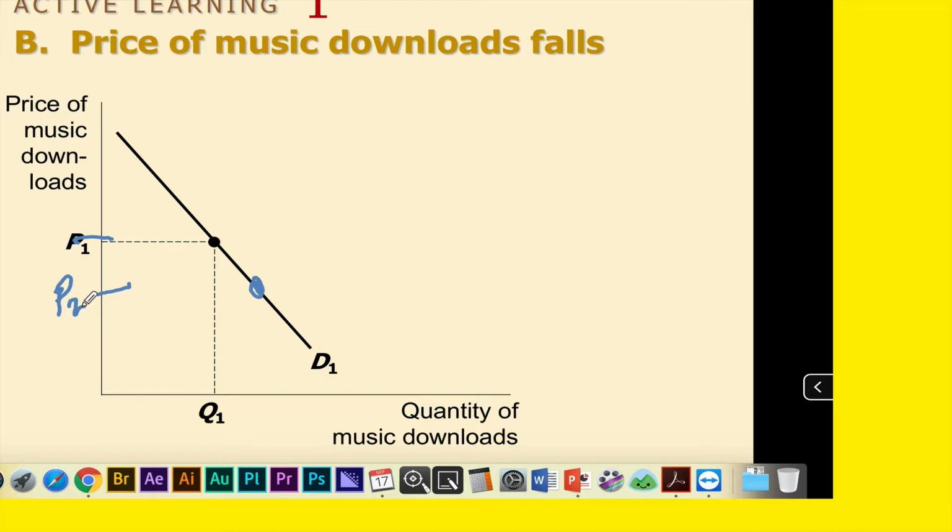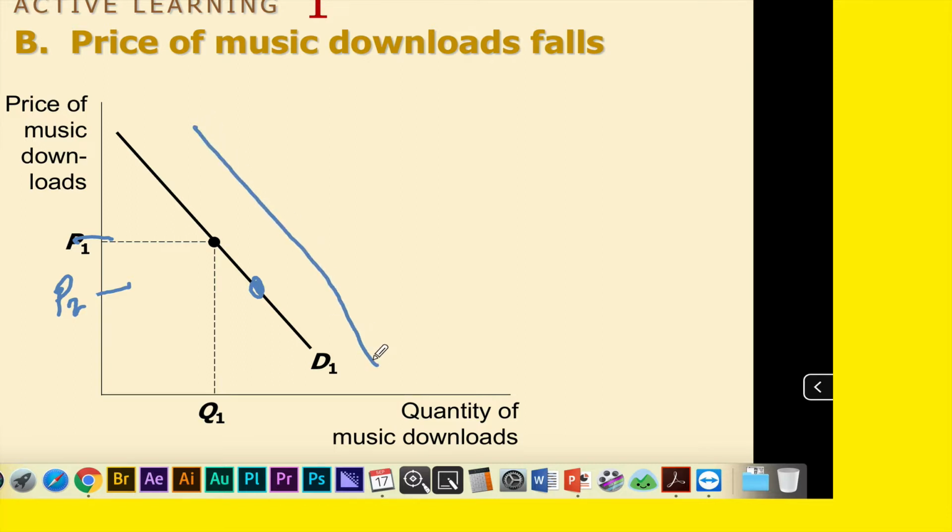So a decrease in the price of music downloads, show me what that does to quantity. Decrease in the price of music downloads, what's that do to quantity of music downloads? Increase quantity of music downloads. Prove it on the graph. Show me on the graph.